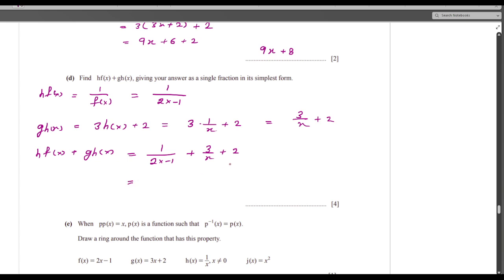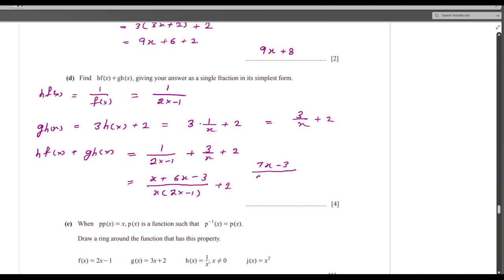Okay, so this is equals to, now I will cross multiply. Here it is x plus 2 times 3, 6x minus 3, whole divided by x times 2x minus 1 plus 2. So 6x plus x is your 7x. 7x minus 3 whole divided by, we can expand it.